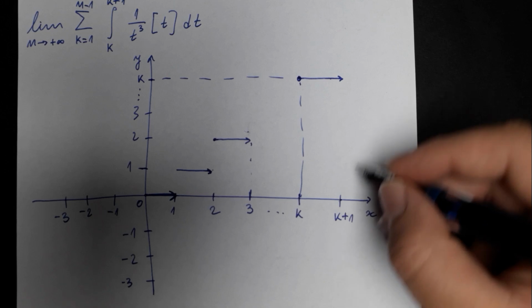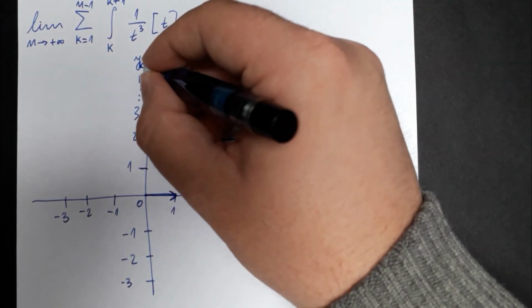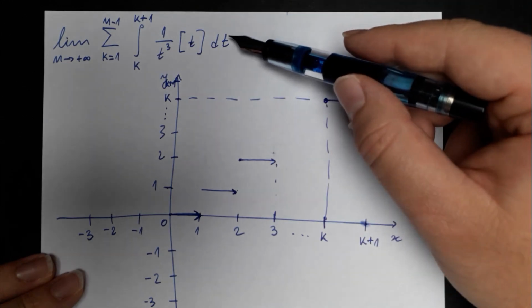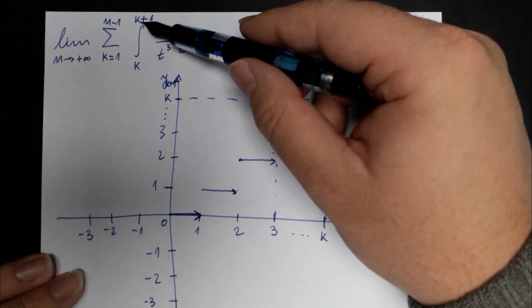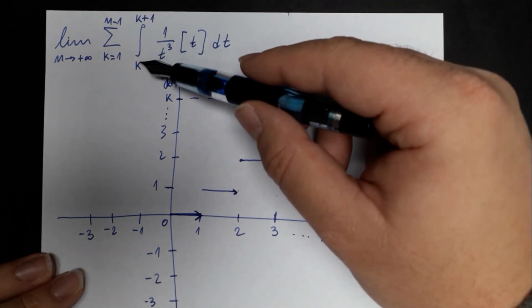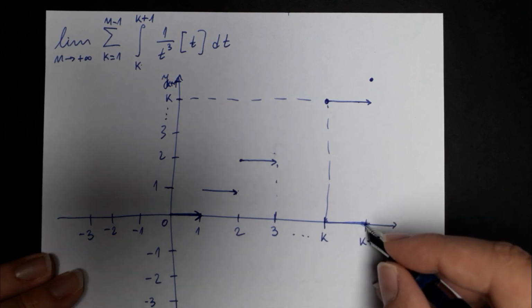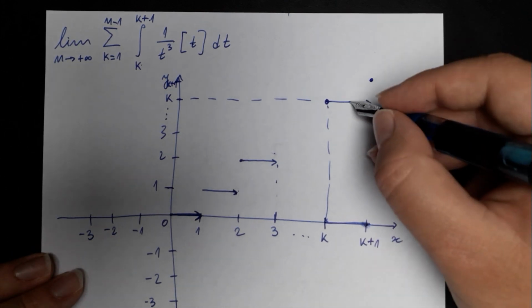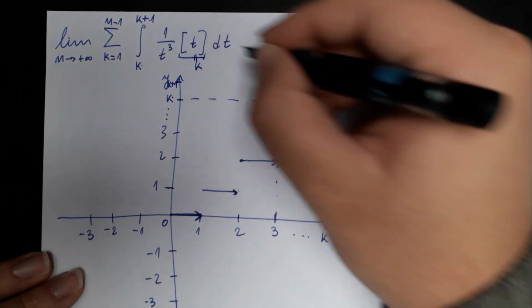K plus 1 is going to have an image at the number k plus 1. So the integral with respect to the variable t from k to k plus 1, which is this interval, the floor function is going to take the value of k. So this is equal to k.